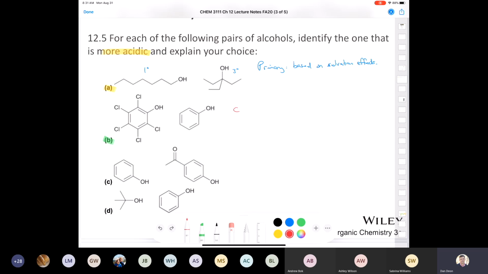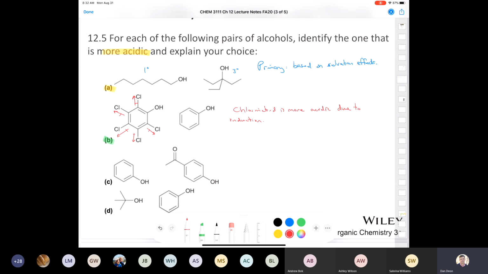So chlorinated is more acidic due to induction, or if you wanted to put inductive effects. You have all of these dipoles yanking that negative charge towards the chlorines, which helps to stabilize the negative charge.